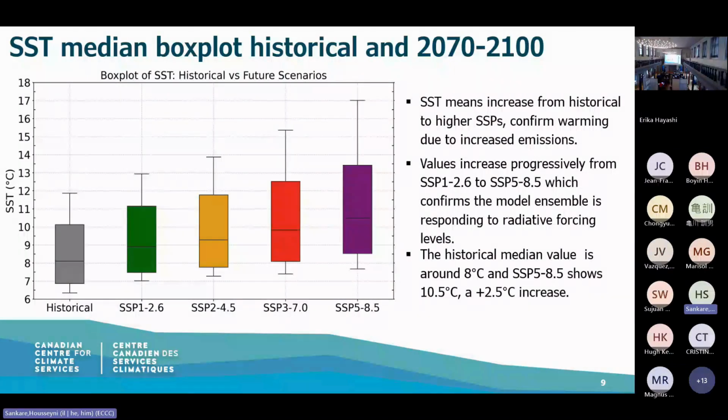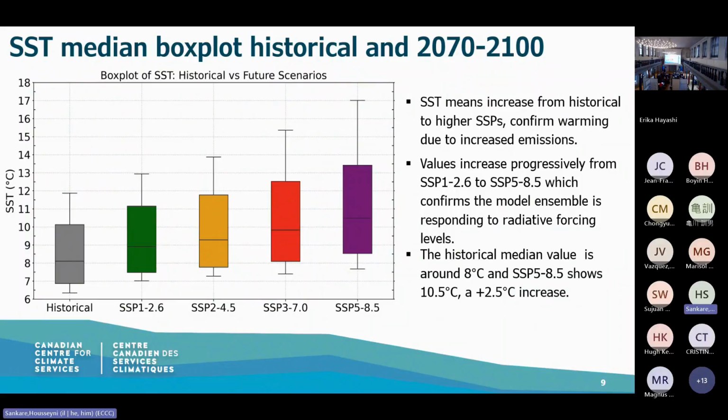For SSP5-8.5 here, the box is larger than for the historical, indicating a greater variability and spread under the higher scenario.